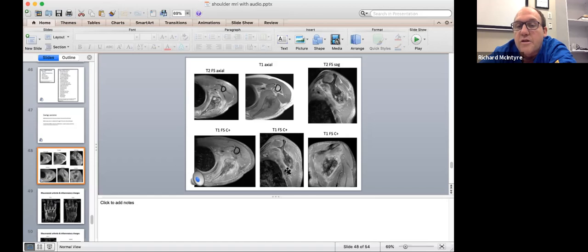Okay, that body of the scapula, you can cut it, and you see more information. If you do it coronally, you're scanning along the length of that scapula, and it's not as informative. But I think that's something that you just learn when you start scanning.